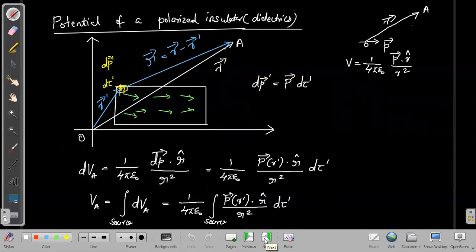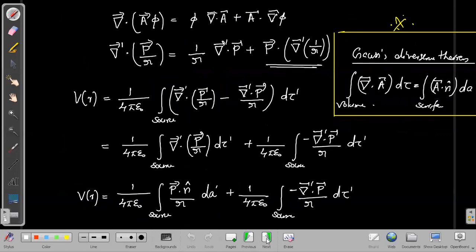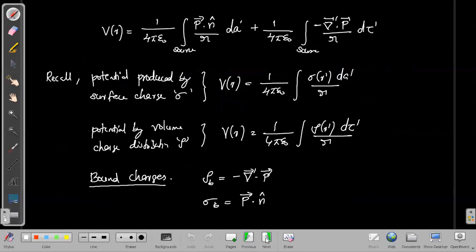And thereafter we found the expression for the potential produced by a polarized material. If you look carefully, it has two terms. One term corresponds to a surface charge density, and the other corresponds to a volume charge density.